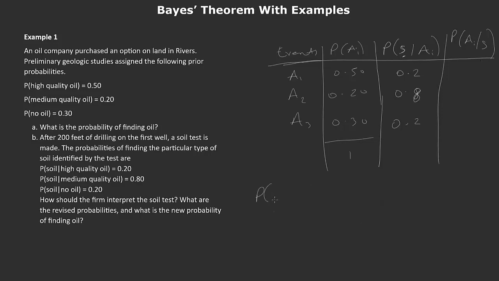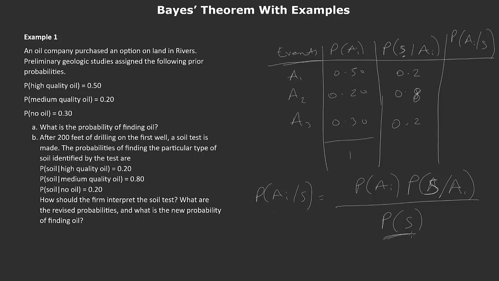The revised probability, which is known as the posterior probability of A given S, is the prior probability times the probability of S given A, divided by the marginal probability of S. So this is the formula, which is obviously the Bayes theorem that we're going to apply.